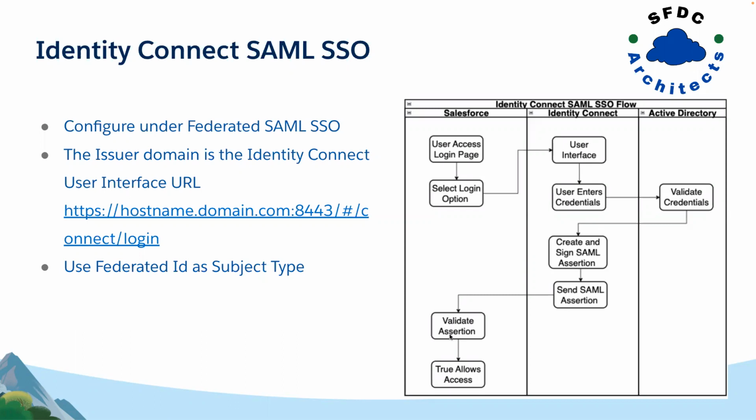It sends it to Salesforce, which is now the service provider. The service provider is going to validate the assertion, and then if it's true, it allows access. Otherwise, it's going to fail. So from here forward, it's a standard SAML flow. They do say that you need to use federated ID as a subject type. You should not use the AD user or email or other things.